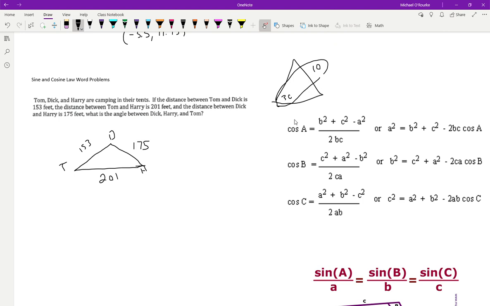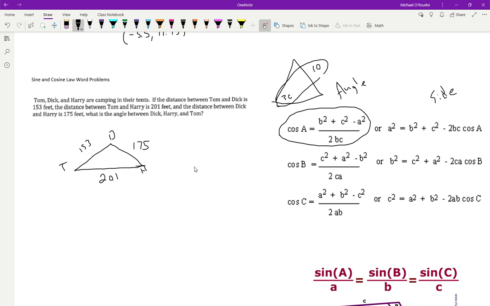Now what are we finding? An angle. So that means we're going to use one of these. This side is for finding an angle, and this side here is for a side. Okay? So now I could go through here and just rename it all.